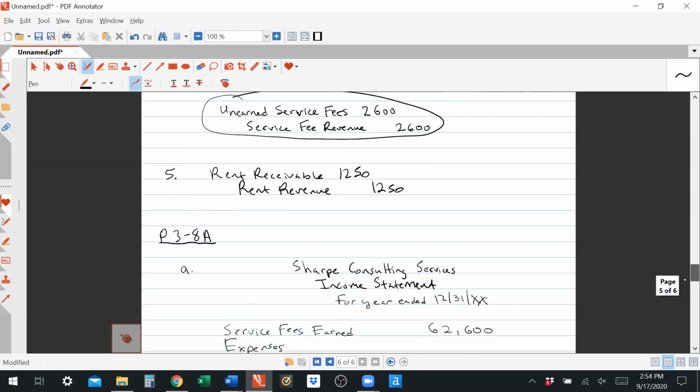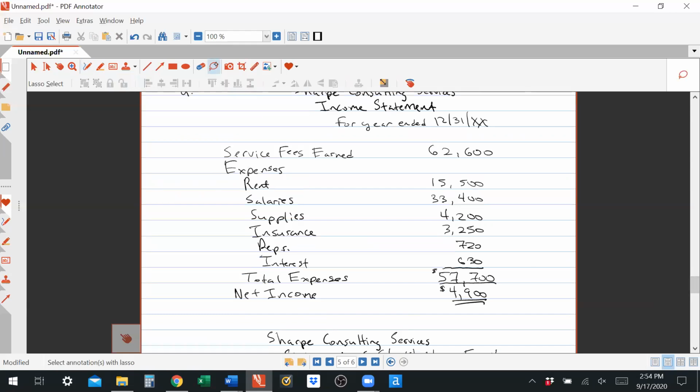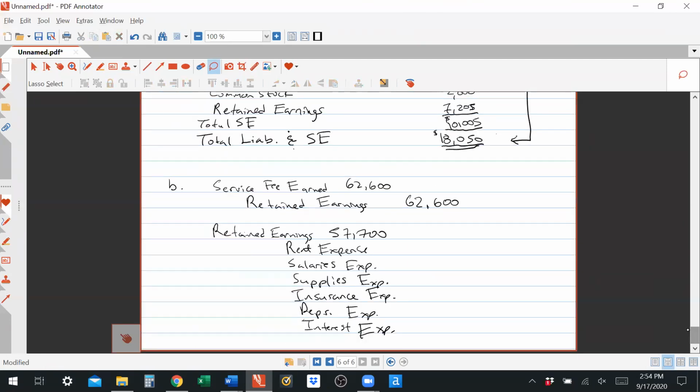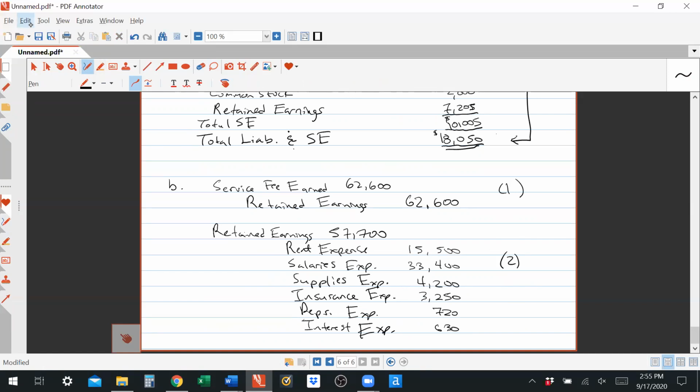Where's the income statement? These numbers right here. So we're closing these accounts balance to 0. Like that. This journal entry closes out the revenue account. This journal entry closes out all the expense accounts.